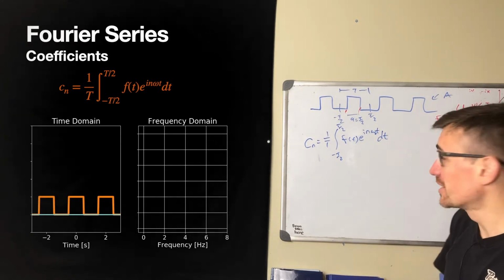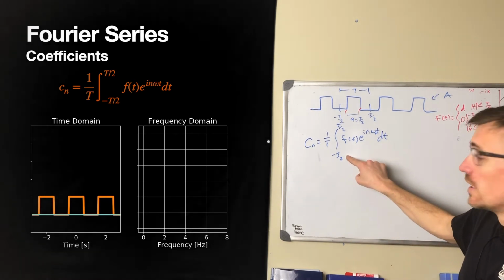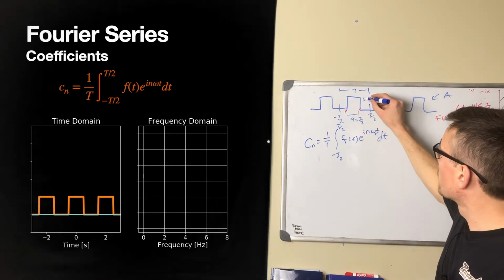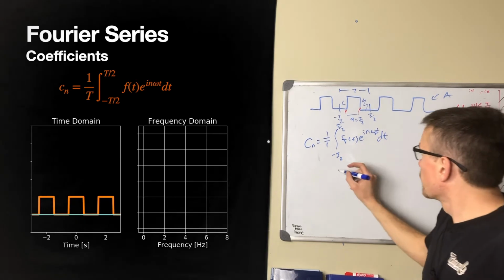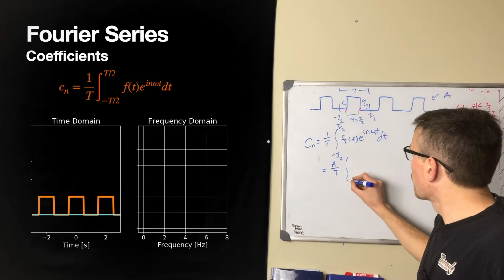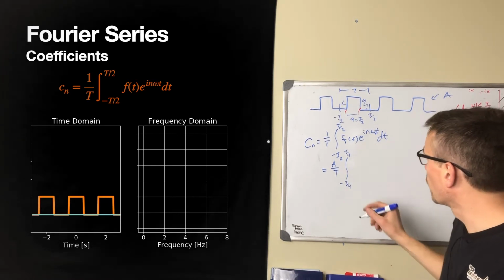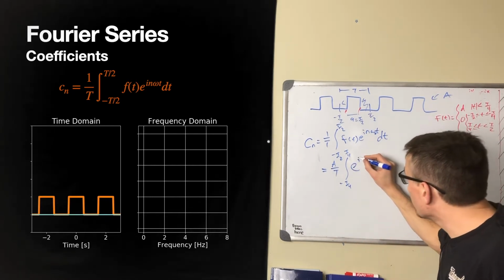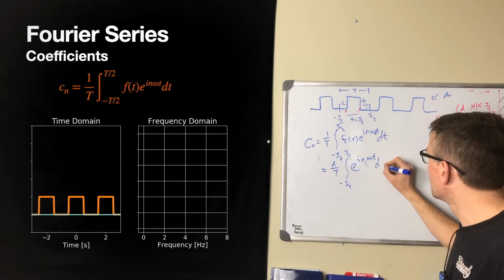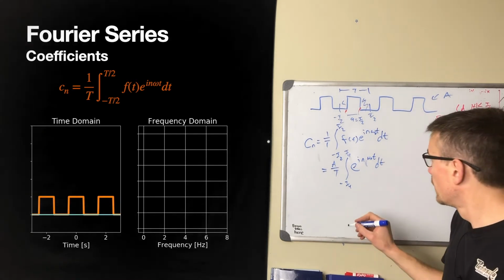And basically it's going to be a constant either way, which is either 0 or A. So it's 0 outside of the absolute value being a quarter T in these regions here. So the integral will go to 0, and all we need to include is the part inside that, minus T over 4 to T over 4. And then what do we get here? We get this integral of e to the i n omega naught times t dt. Okay? So this is an easy enough thing to integrate, right?